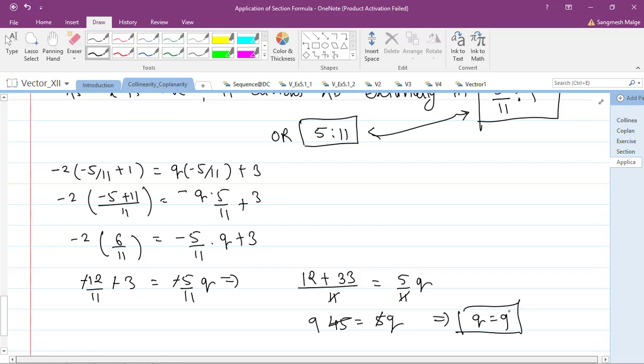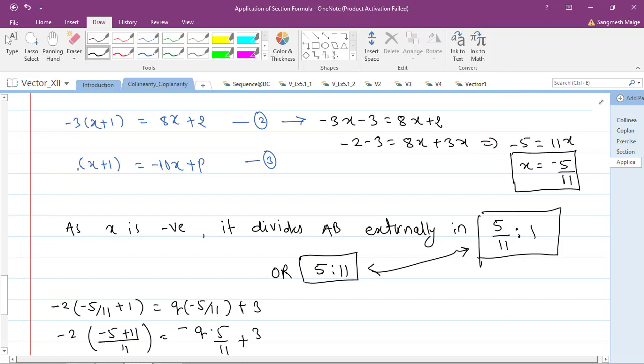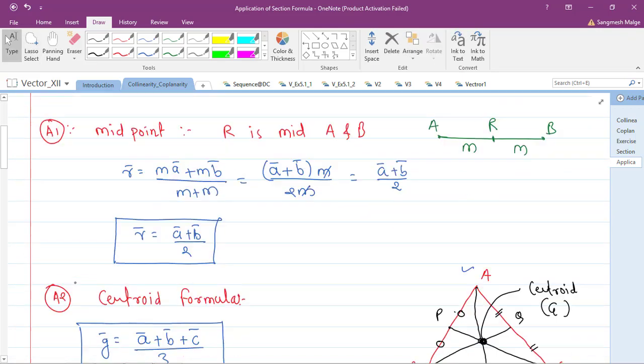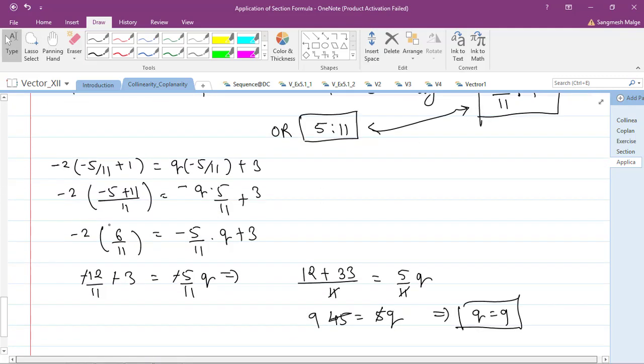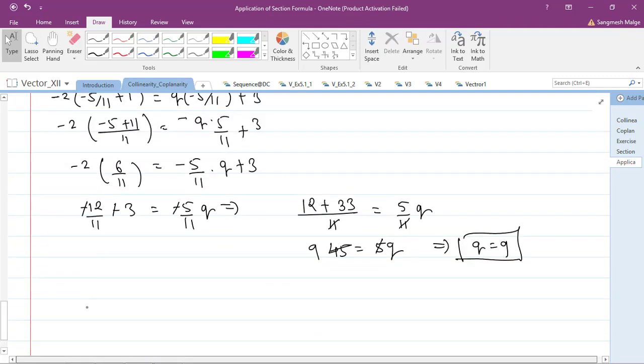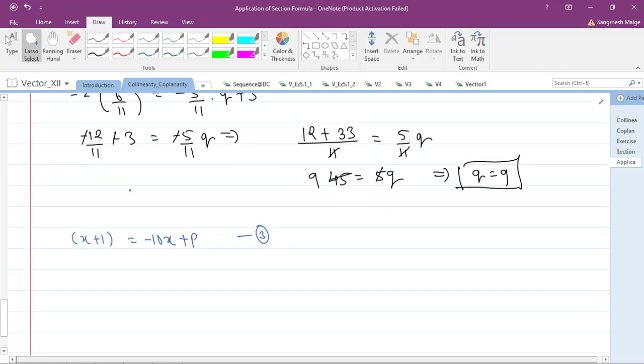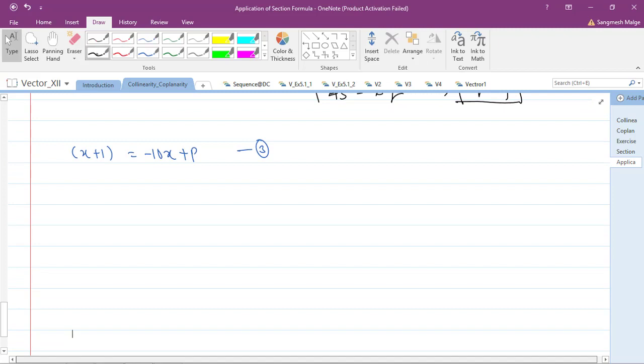Now let's find out the value of p. So for p we have to make use of equation number 3. So let's copy this equation number 3 and paste it here. So substitute the value of x, which is minus 5 by 11. So it is minus 5 by 11 plus 1 equals to minus 10 into minus 5 by 11 plus p.